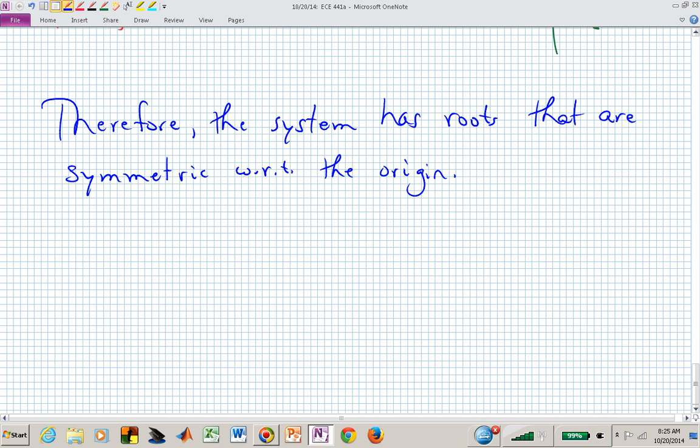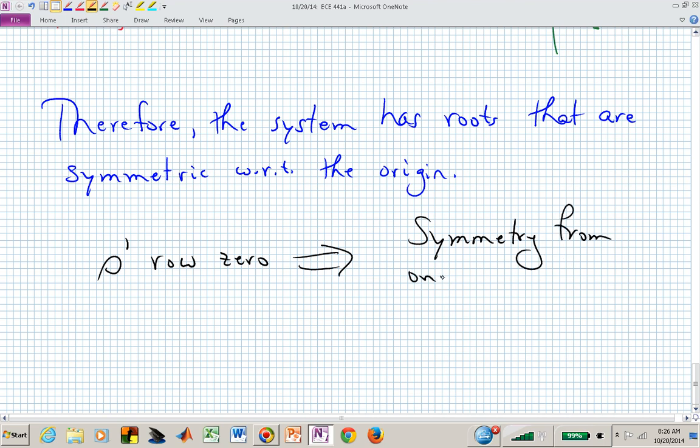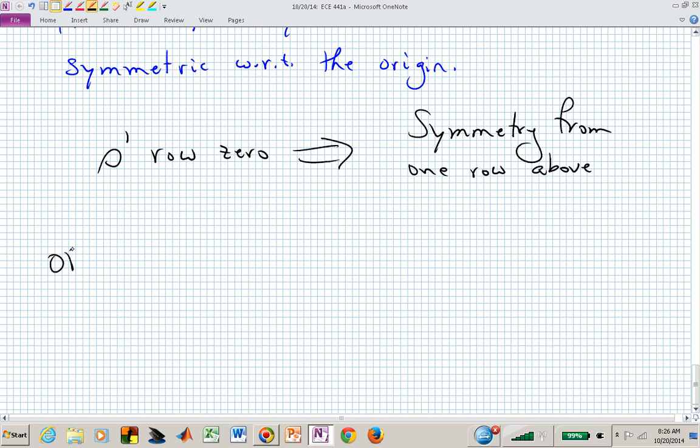But can we know any more? Well, we do know where that all-zero row was. The S1 row was 0. That means the symmetry was a result of the row immediately above that, which is the S2 row.